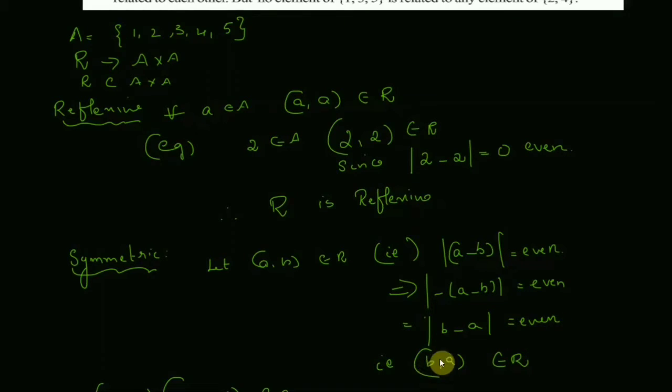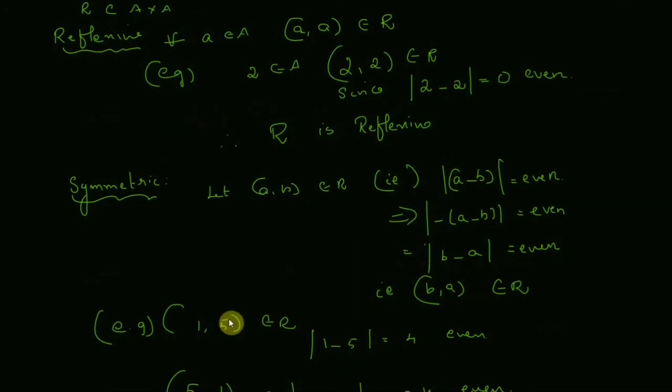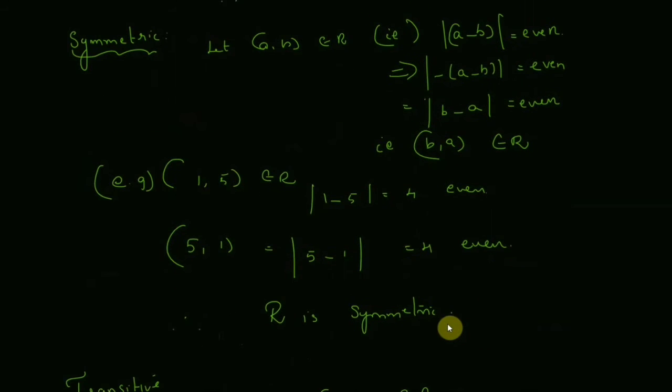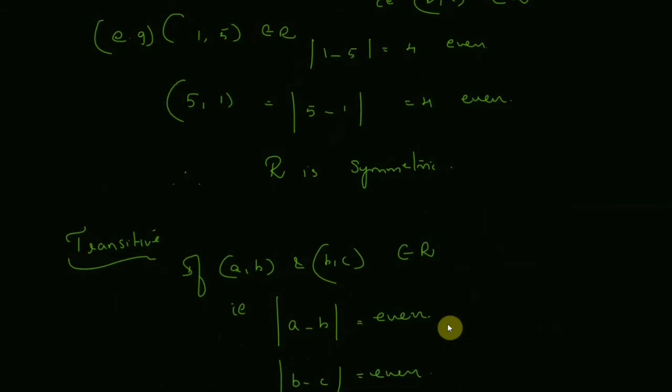That means (b, a) belongs to R. You can take an example: (1, 5), two odd numbers, belongs to R because the modulus of 1 minus 5 is 4, an even number. Take (5, 1): 5 minus 1 is also even. So it is symmetric.